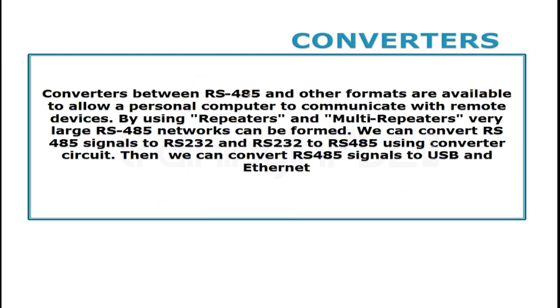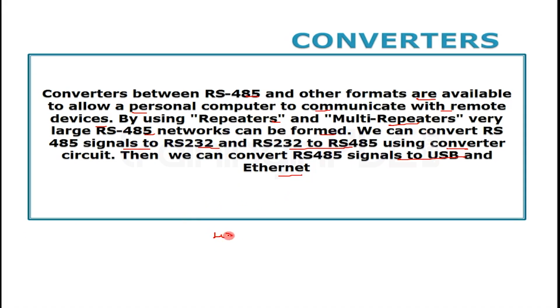Converters between RS-485 and other formats are available to allow a personal computer to communicate with remote devices by using repeaters or multi-repeaters, because very large RS-485 networks can be built. We can convert RS-485 signals to RS-232 and RS-232 signals to RS-485 using the converter, and also convert RS-485 signals to USB Ethernet.